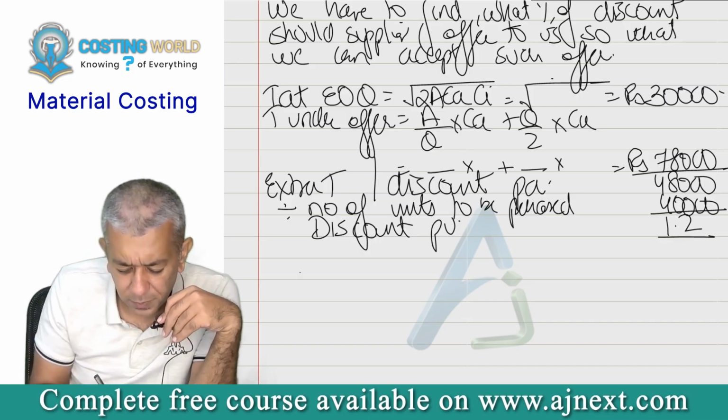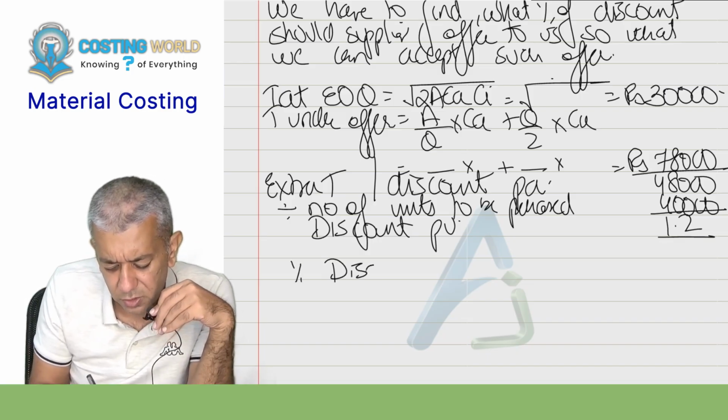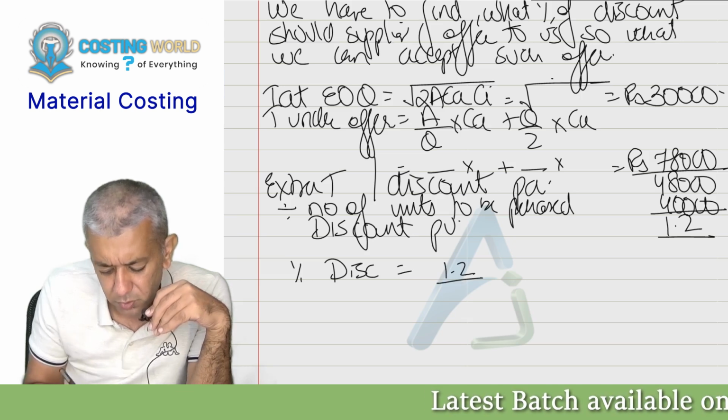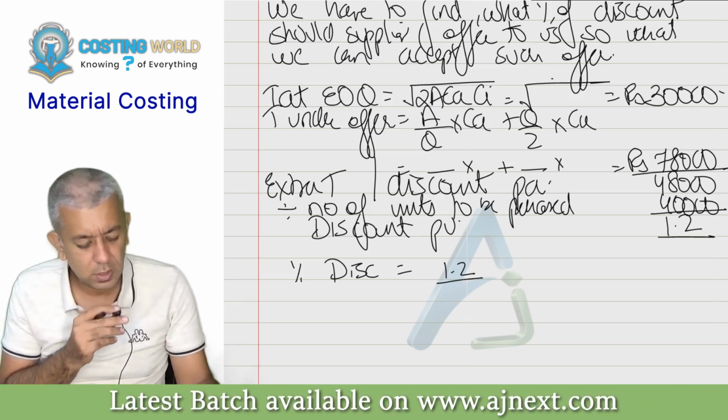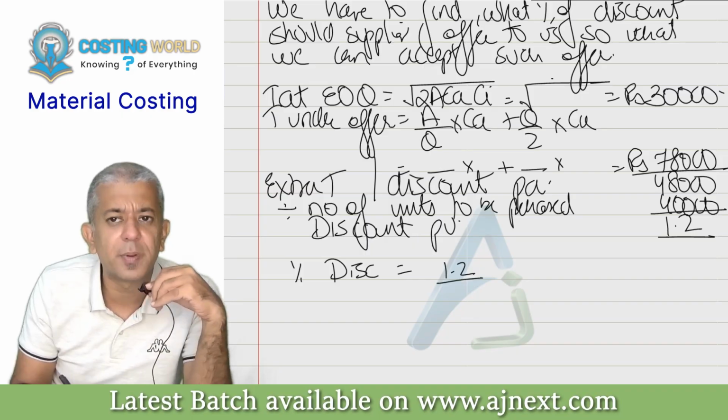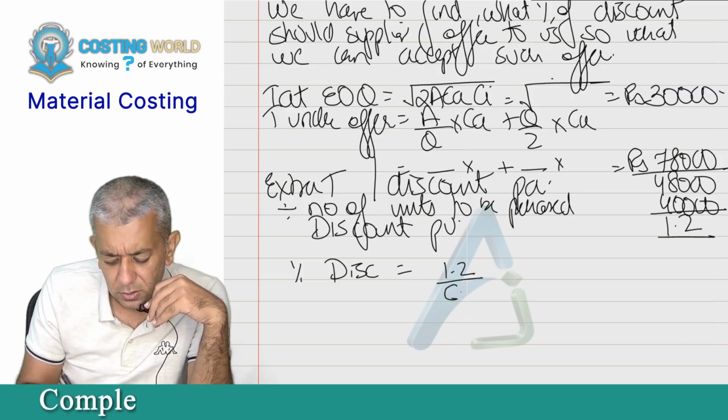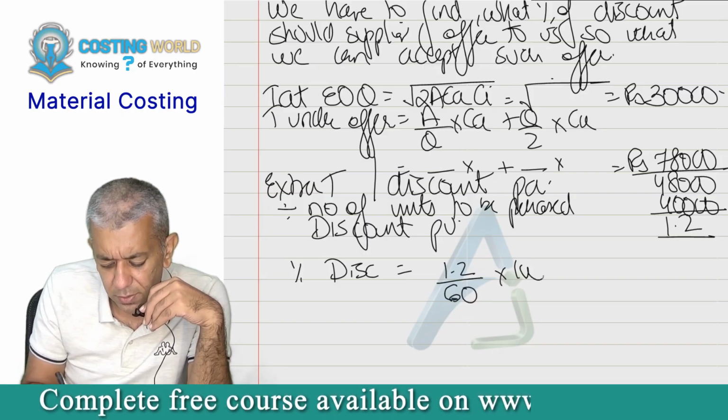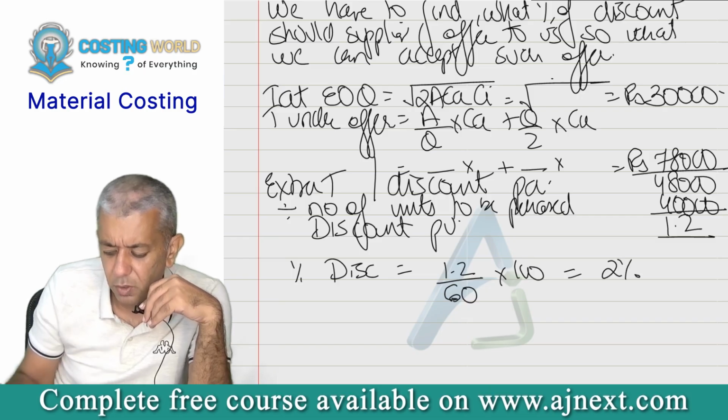Now I guess we want percentage of discount. So percentage of discount is equal to 1.2 divided by, what was the original price, beta? 60 into 100. So therefore, the discount that we all want is 2%.